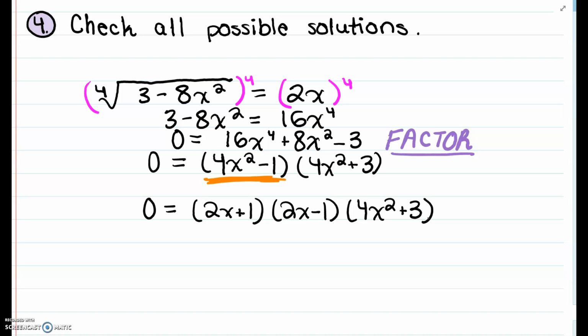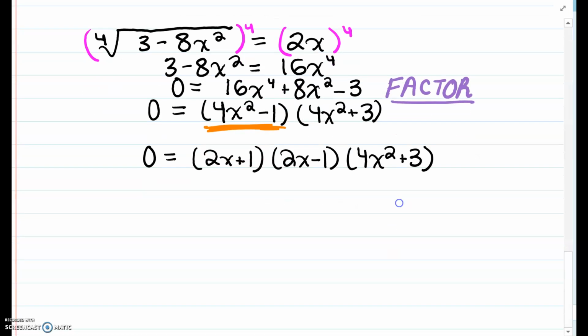Now we have to solve each resulting equation. So we get 2x equals negative 1, x equals negative 1/2. We get 2x equals 1, x equals 1/2.